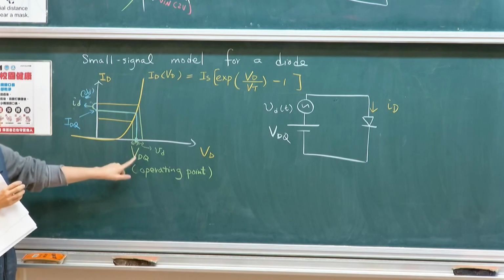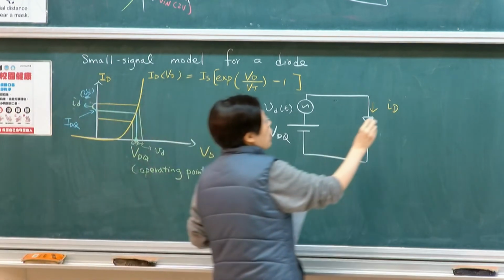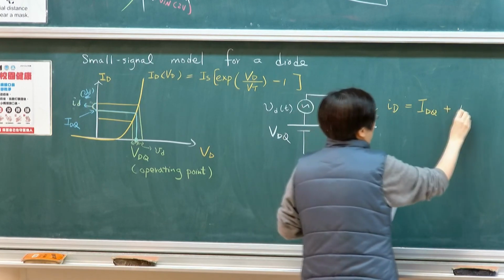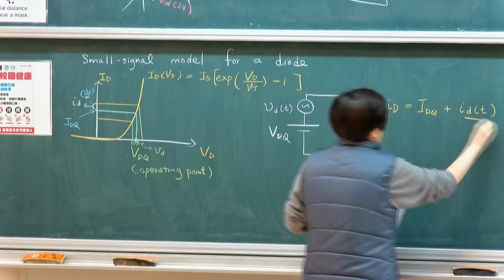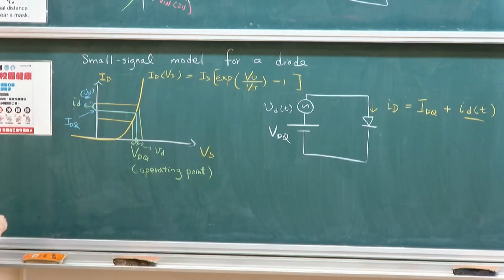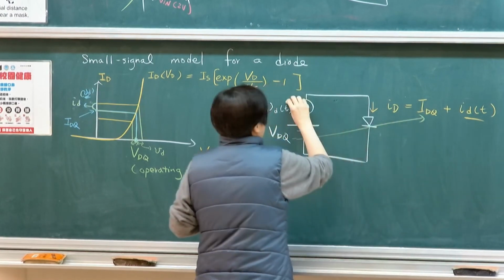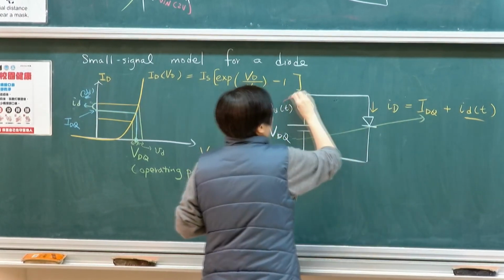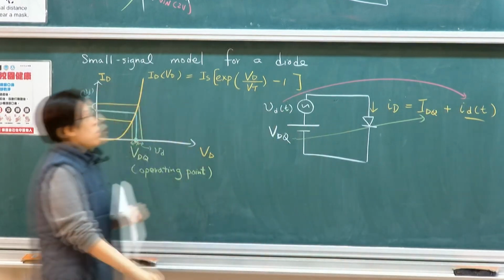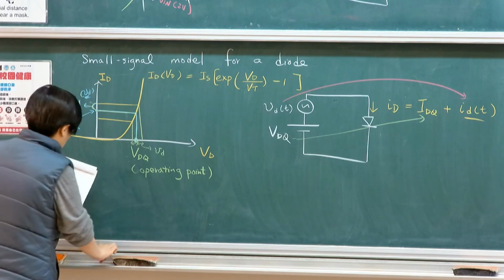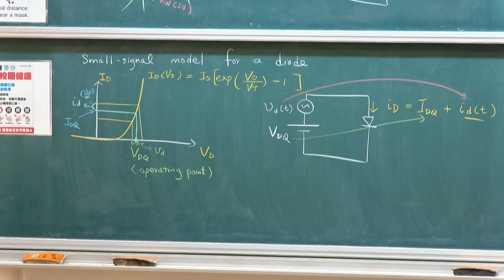At this VDQ, there will be a DC current level plus a small signal component. So your changes in voltage will correspond to the changes in your AC current. Okay? So we wanted to create this.